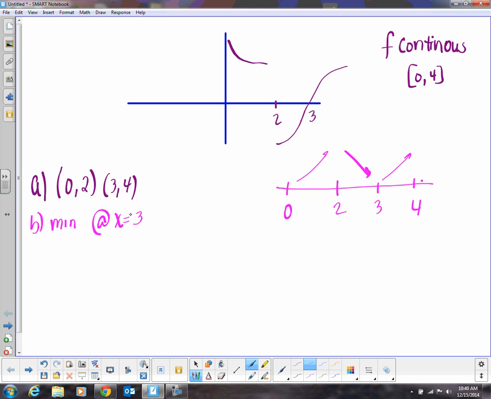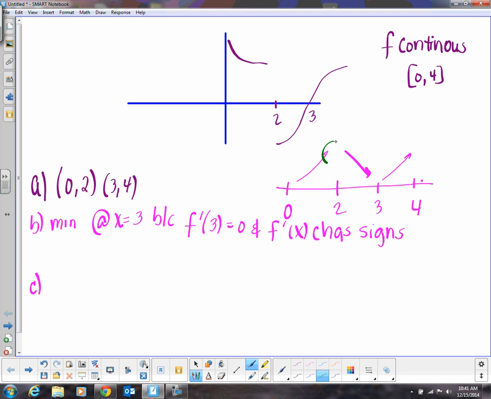Did they ask you to justify? Ooh, they did. Now, this is f, correct? So you say because f prime of 3 equals 0, and f prime of x changes signs, or you tell me changes from negative to positive. All right. For what value of x do we have a relative maximum?